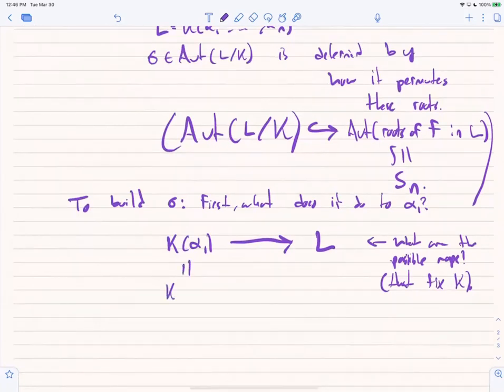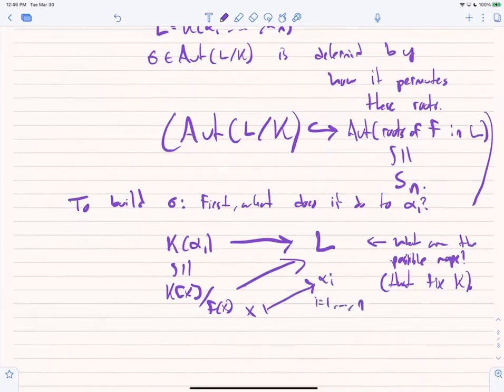Well, this is just isomorphic to K[x] mod f(x). And because of that, I can send x to any root. That means I can send alpha 1 to any root I want.